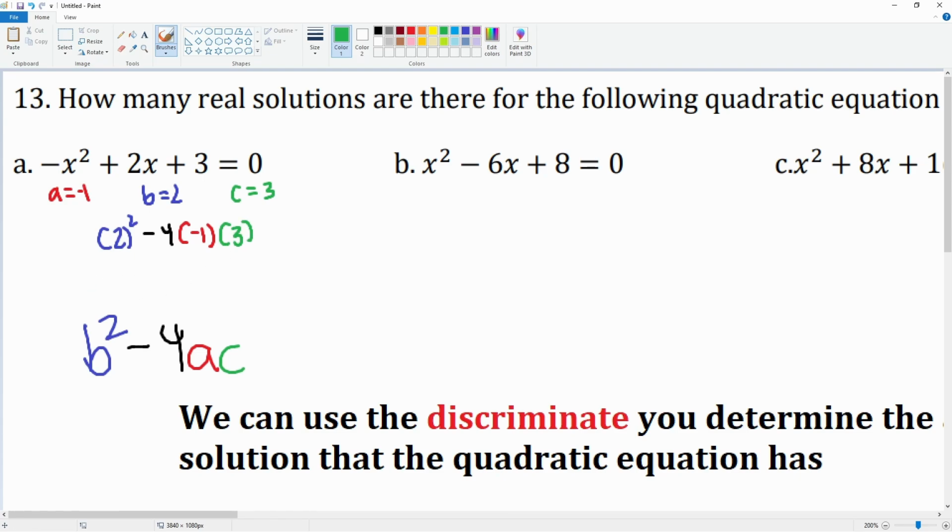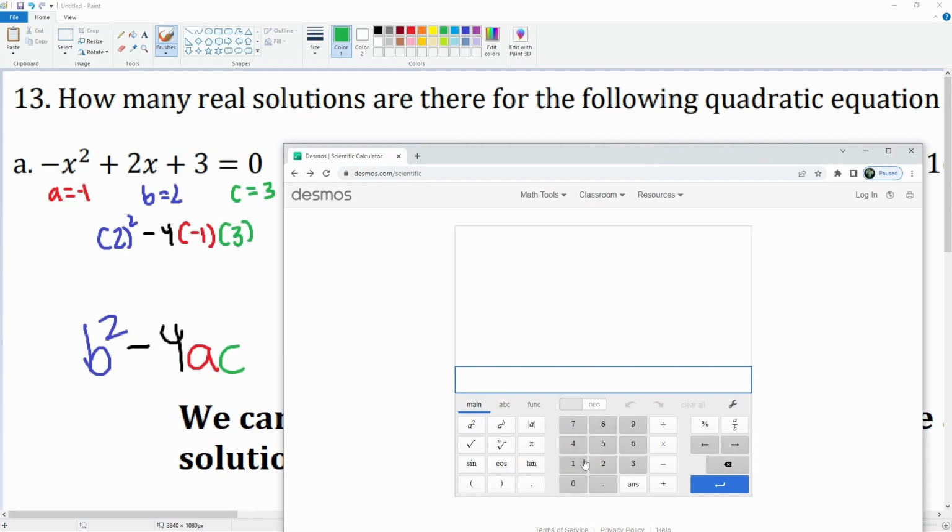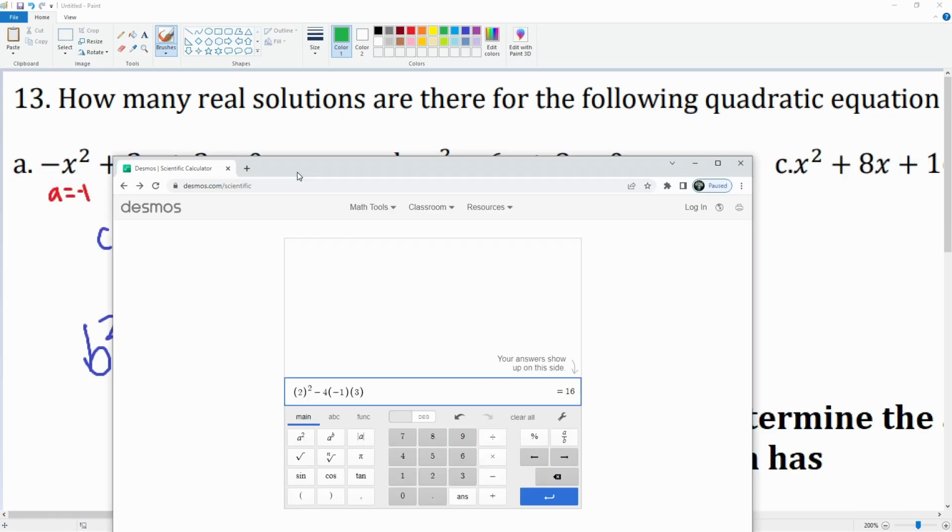Plugging into the calculator, 2 squared minus 4 times -1 times 3, it is 16. The discriminant here is 16.